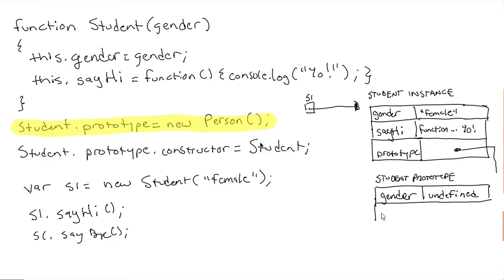There's a sayHi method, and that has a function which is going to say hi. There's also a sayBye method, which calls say bye.